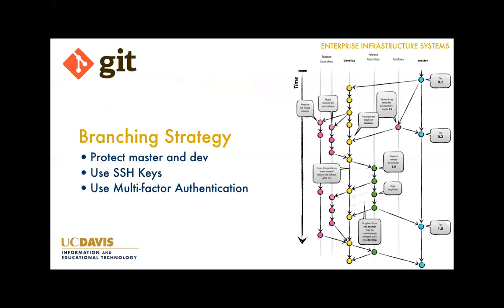I also think it's really useful to have a branching strategy for your team. This is Git flow, and it's out there, and that's not bad. That's one that you want to use. But there's some other things you can do within Git that, from a security point of view, I think is a good idea. You can lock some of your branches, like master and dev, so that they can only be pushed through, say, a pull request merge. Anybody see the article about that Git ransomware that came out a couple weeks ago?